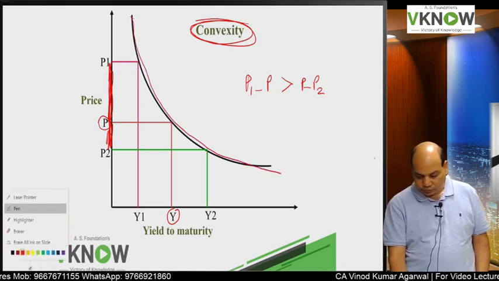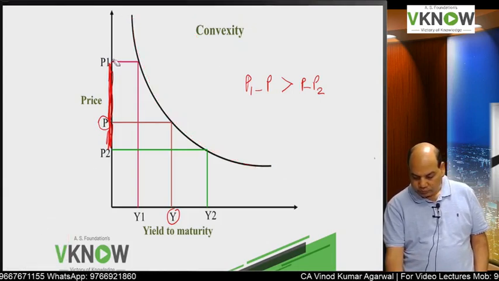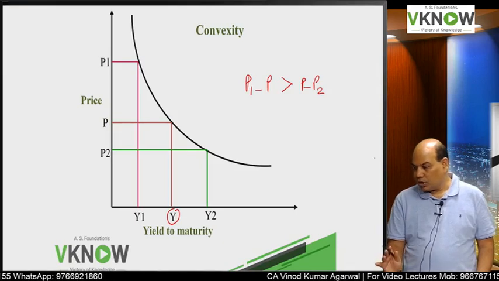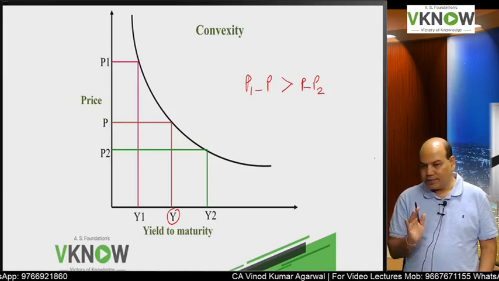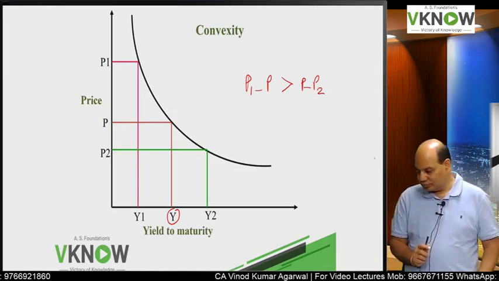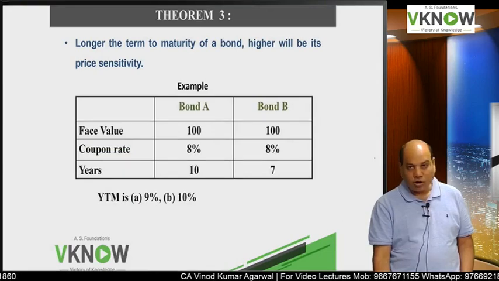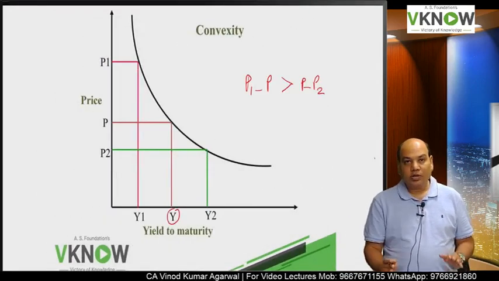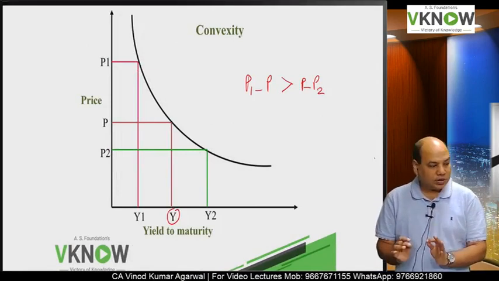Okay. So I am sure you have drawn the diagram. Have you understood? Say yes. So this property of the bond is called convexity. How to calculate convexity is also a part of our syllabus, that we'll discuss afterwards.